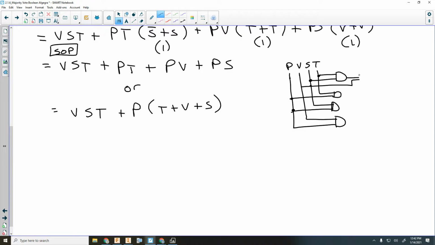It would have to AND with that one. And then all of those need to OR together. So it's not that hard of a circuit, but that's 1, 2, 3, 4, 5. That's 5 AND gates, 3 OR gates.